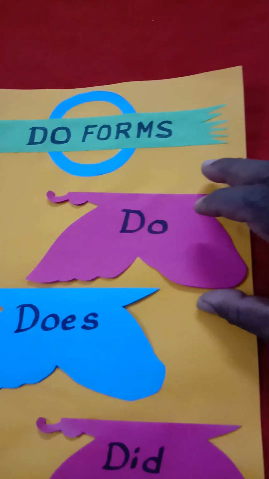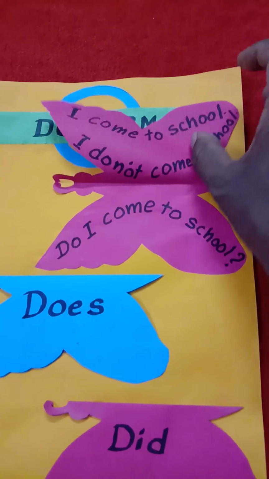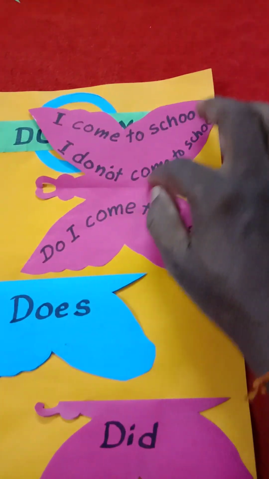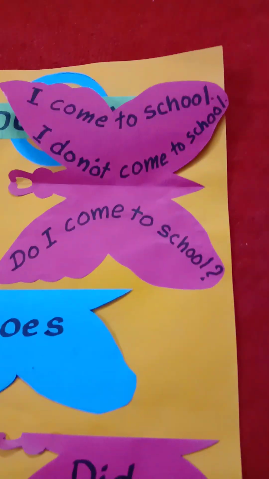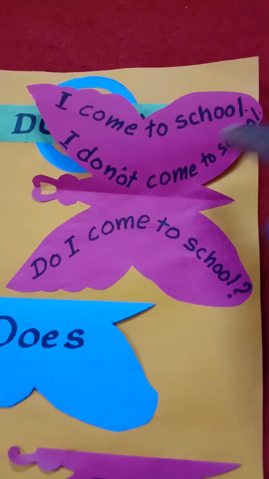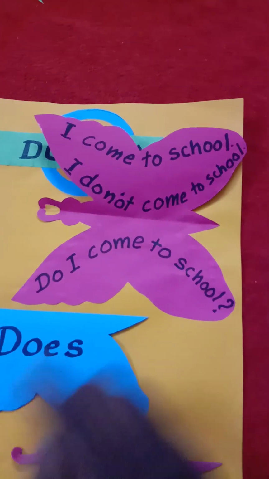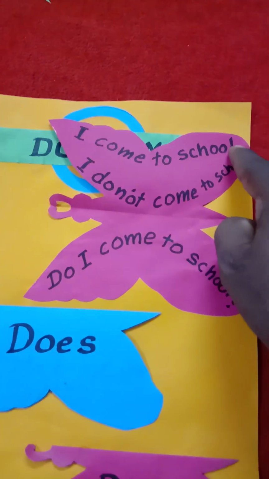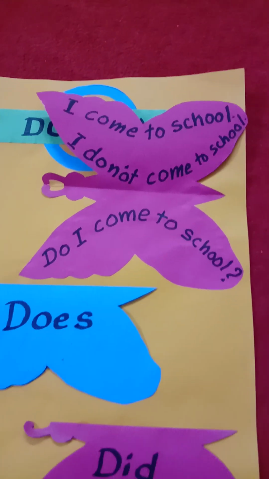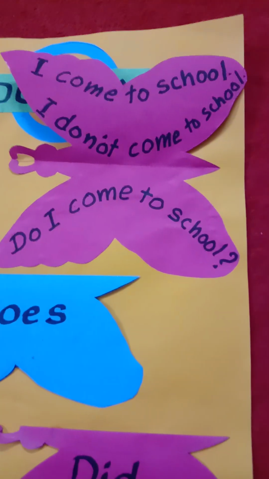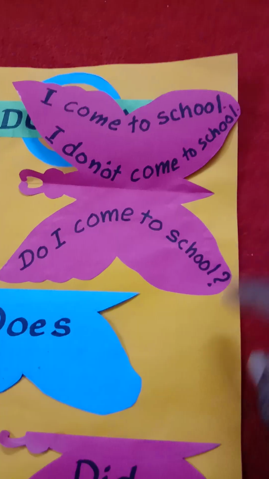Let us see an example. Yes, here: I come to school, assertive sentence. For the negative sentence, we use do here.